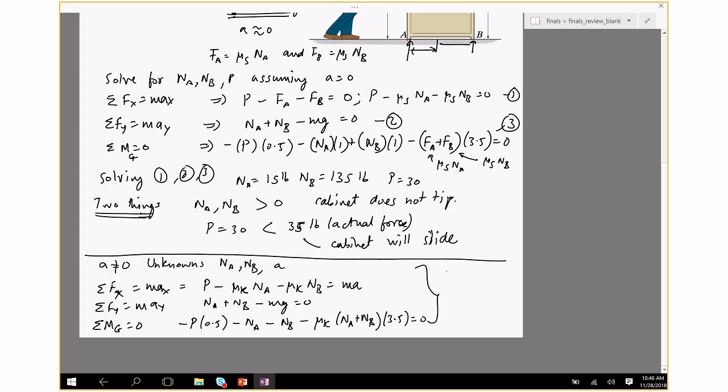So solve those three equations. Solving for A, NA, and NB, A is 2.68, NA equals 26.9, which is positive, and NB equals 123 pounds.